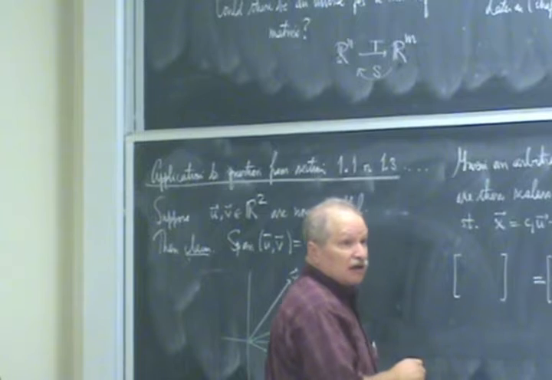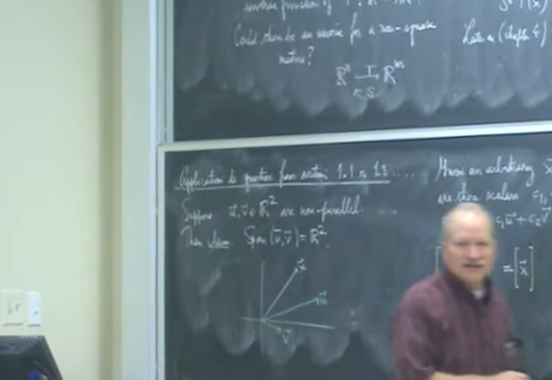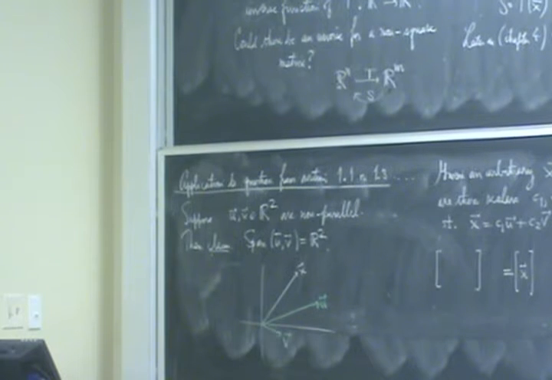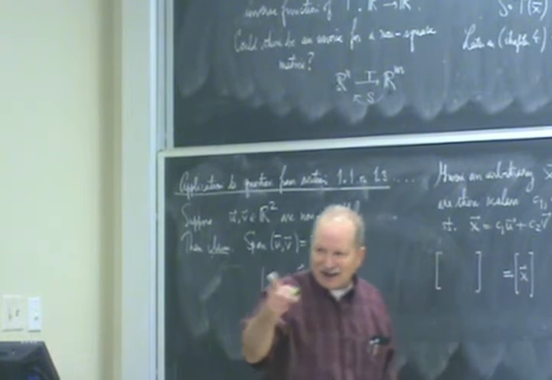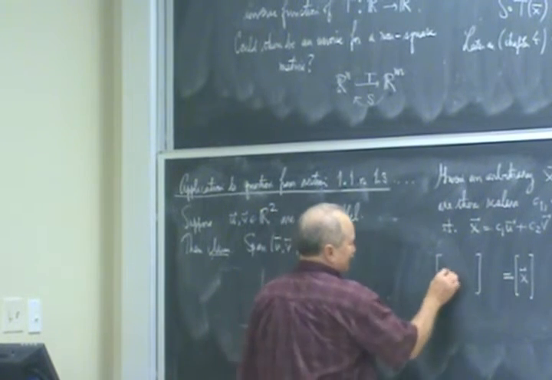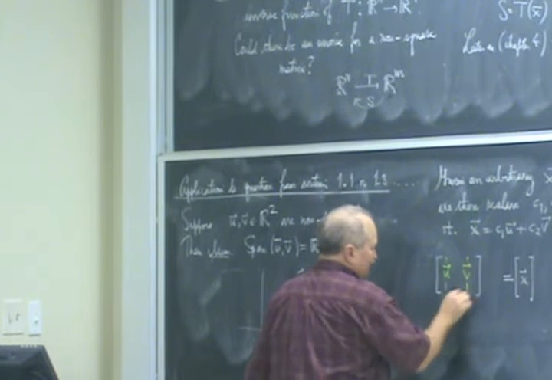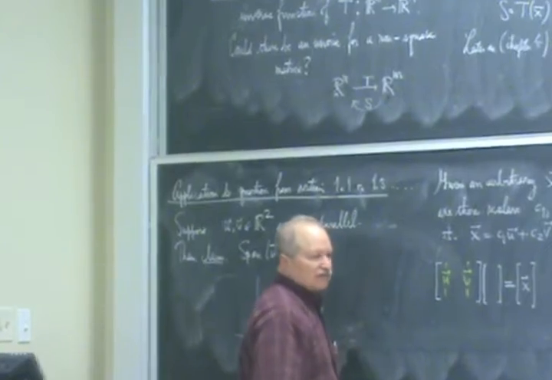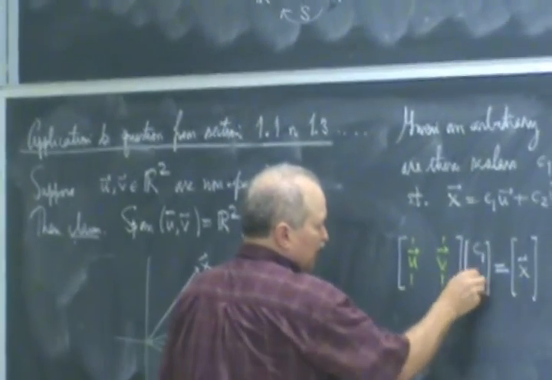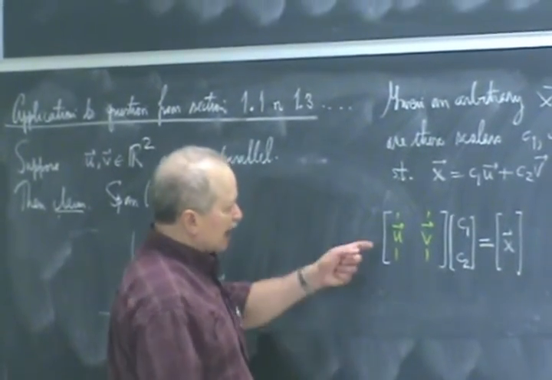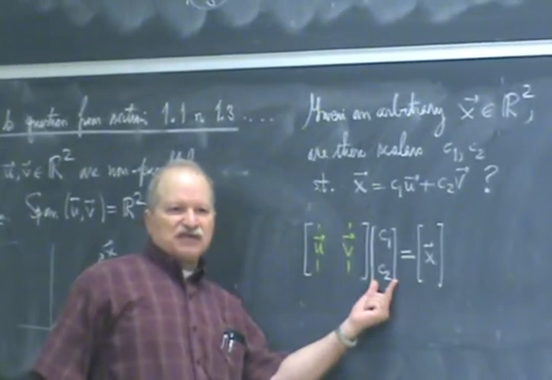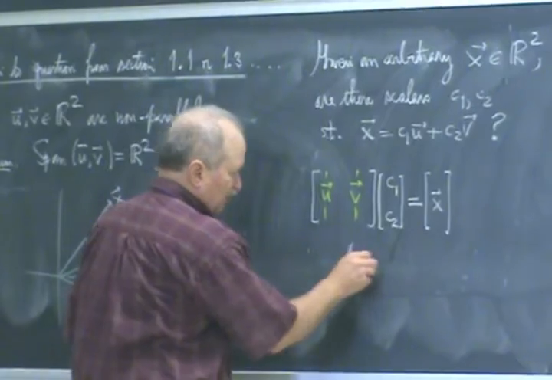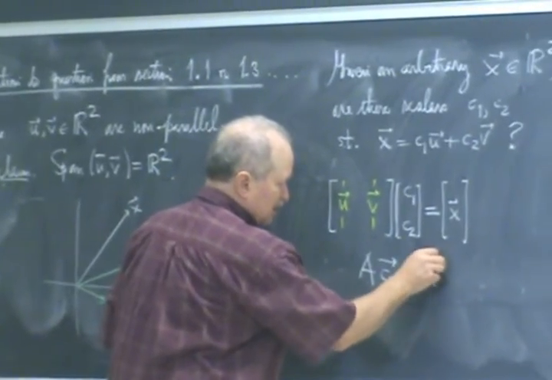UV as the what? A matrix. Columns. And then what happens with the C's? They are the entries of my vector, right? I'm asking, is there a vector of C's so that this matrix times C equals X.